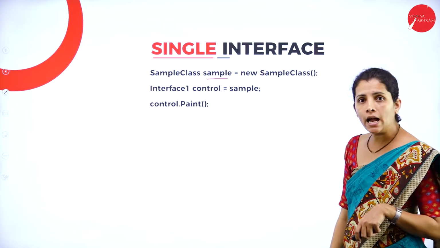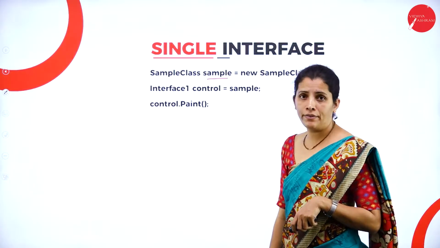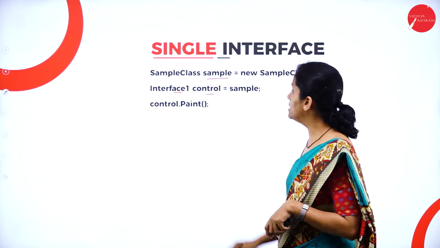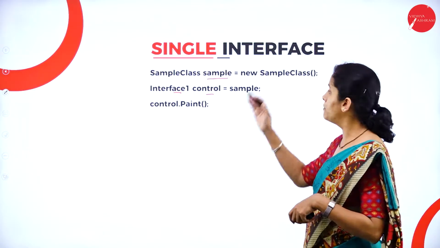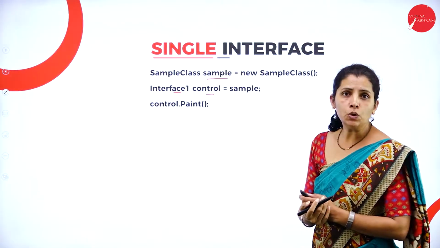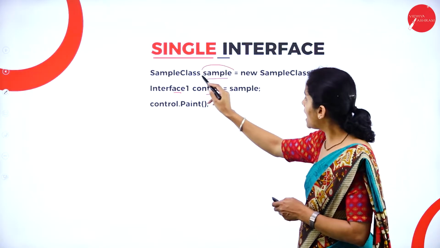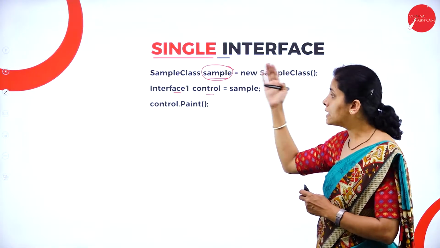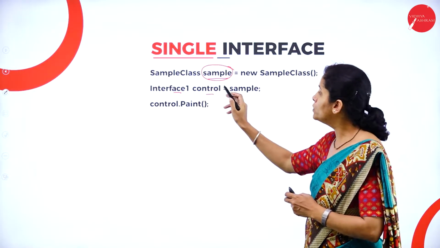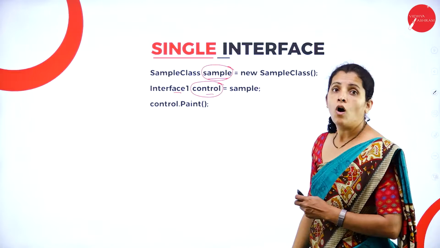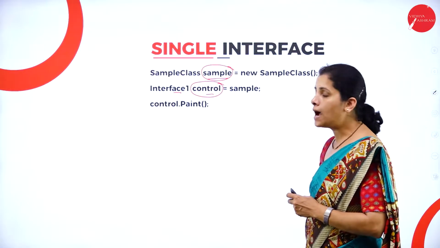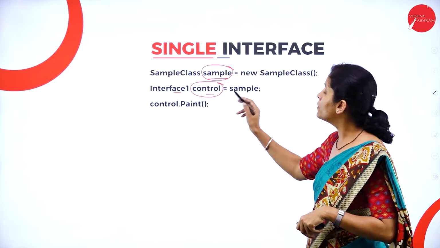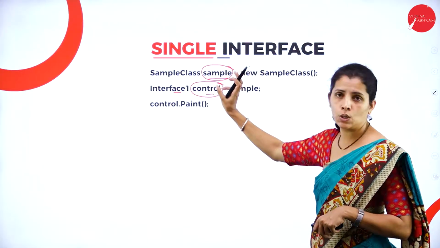Now at the same time, I am going to create the interface variable, and I am going to assign the object to it, because here sample is nothing but the object of type Sample class. Now I am going to create the object of the type Interface1, and what is my object name here? That is control. So I am going to assign sample to control.